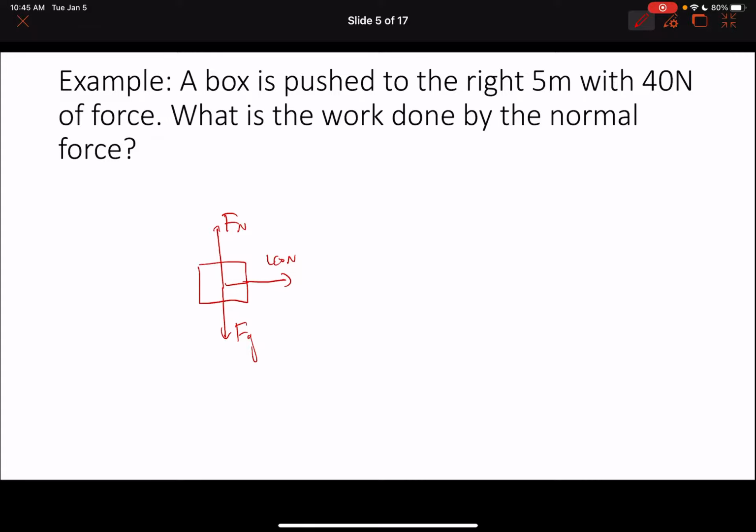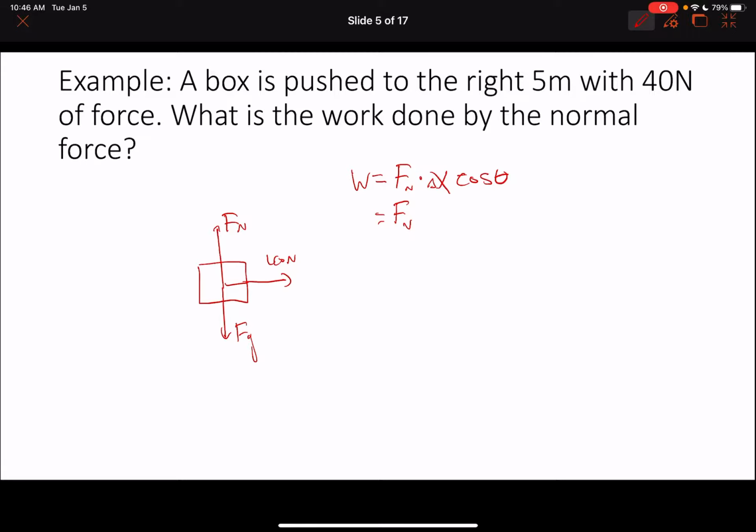And so we can ask ourselves, what's the work done by the normal force? Well, the work done by the normal force is the normal force times the displacement times cosine theta. So whatever the force is times the displacement times cosine theta. In this case, we actually don't know the normal force, right? I never gave you that information. So maybe it's something you have to solve for.